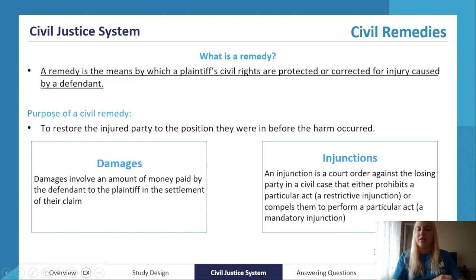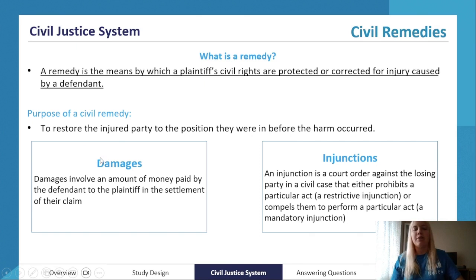So what's a good example of a mandatory injunction? Say we're a celebrity suing a magazine for defamation. We're successful. What has the judge done?